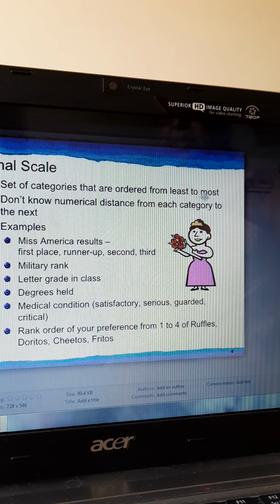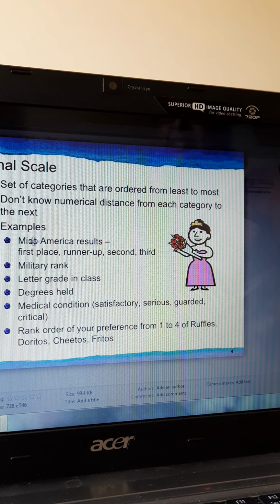What is the example? 10th standard, 11th, 12th, BCom, graduate, postgraduate. You understood this? They are categories, but there is an order in it. Don't know the numerical distance of each category. You don't know the weightage given for MCom and BCom, like that.